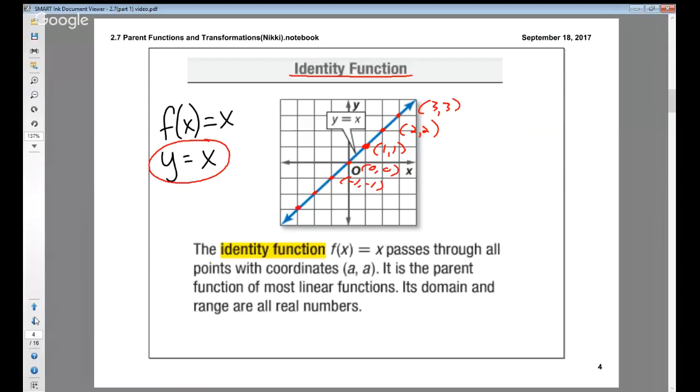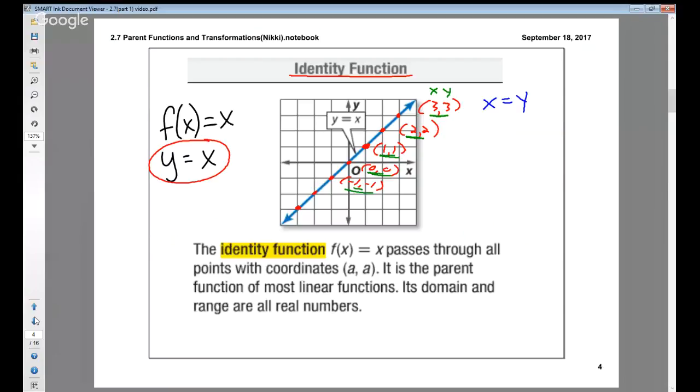And basically what you recognize is that for every ordered pair that you look at, the x and the y value is always going to be the same number. Or in other words, your x value will always be equal to your y value. Or in other words, 3 is going to be equal to 3, 2 is going to be equal to 2, so on and so forth.